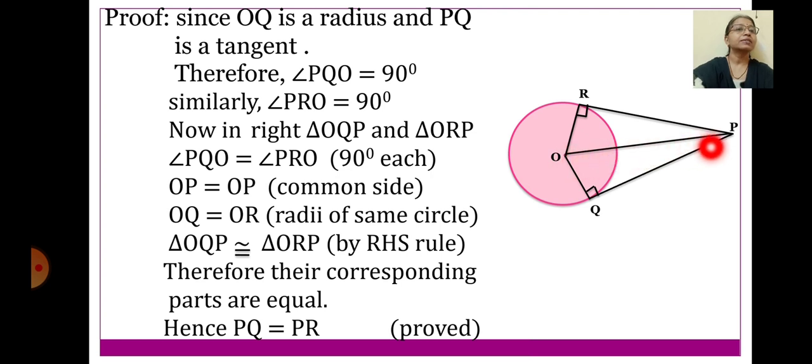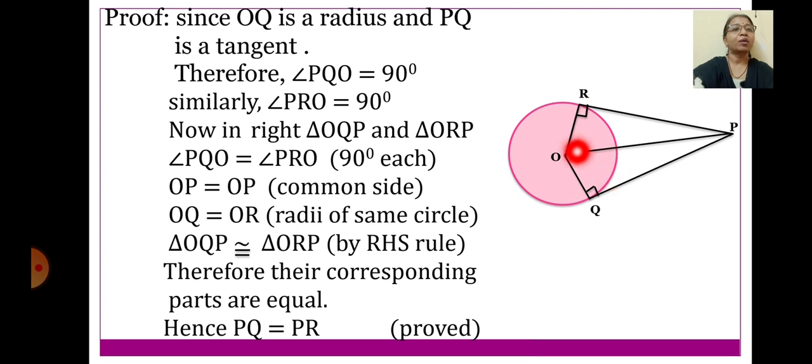OP is the common side and OQ is equal to OR. What is the reason? They are radii of the same circle. So therefore, triangle OQP is congruent to triangle ORP by which criteria?